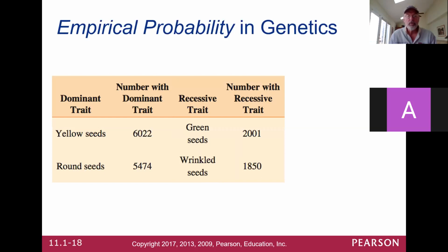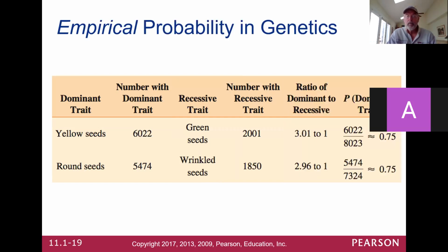If we look at these in terms of probability, you would say 6,022 over the total of these two values right here, which gives us a total of this right here. And this is 0.75, or 75%.